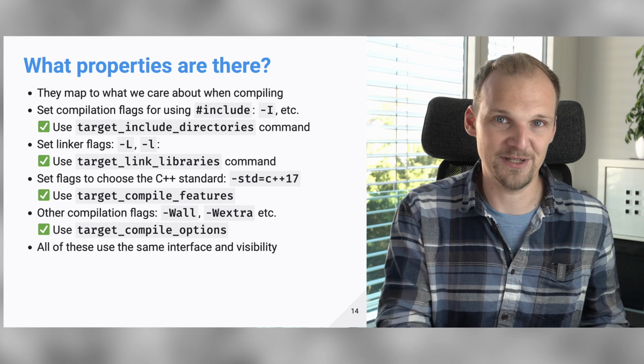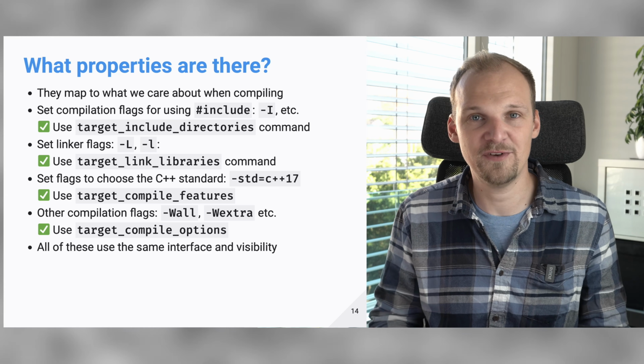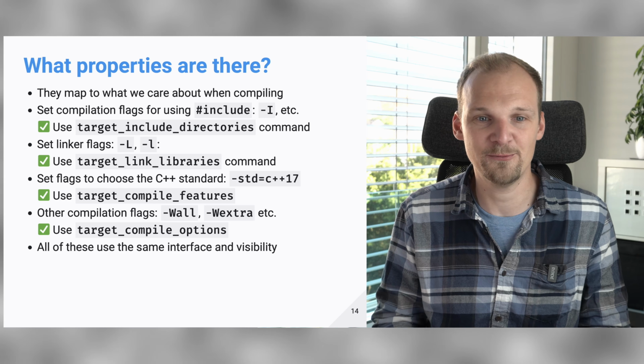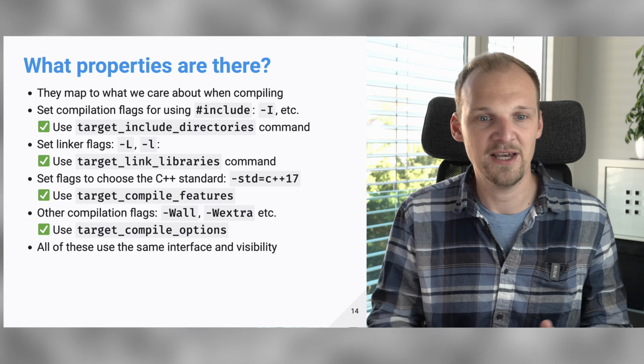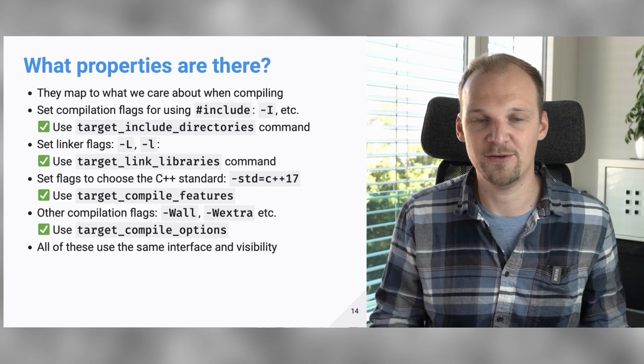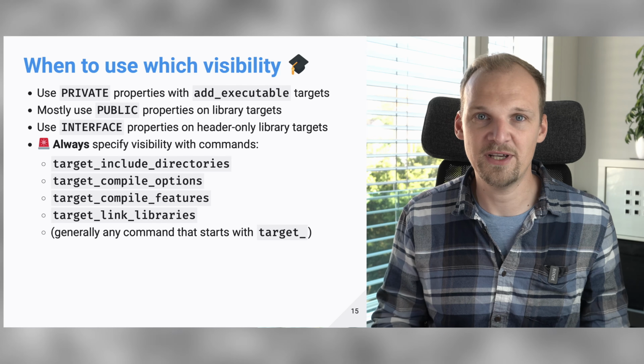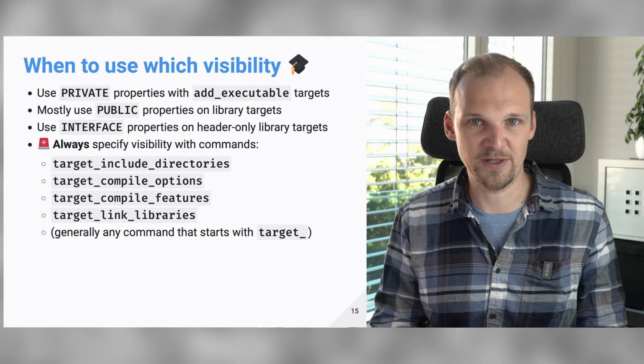So that's actually what it does too. We can also set some compilation features. So if you want C++17, we can use the target compile features. And finally, if there are more flags that we want to set to a certain target, we can use the target compile options there. And one more thing that I wanted to talk about here is when to use which visibility.